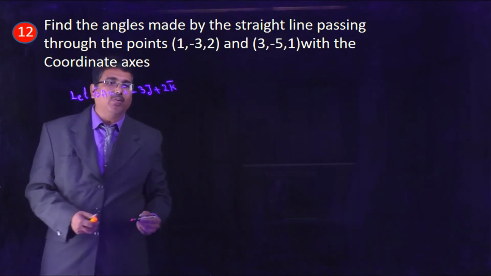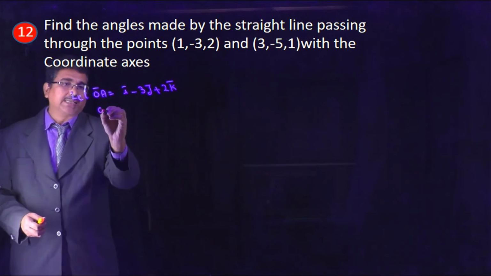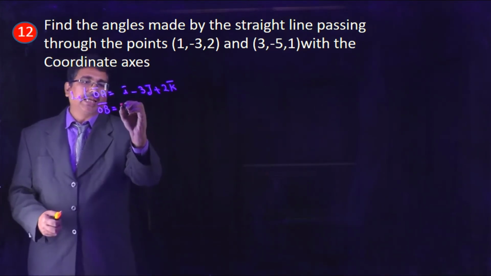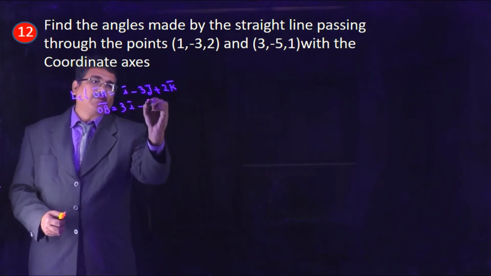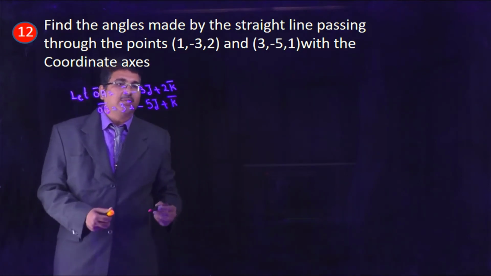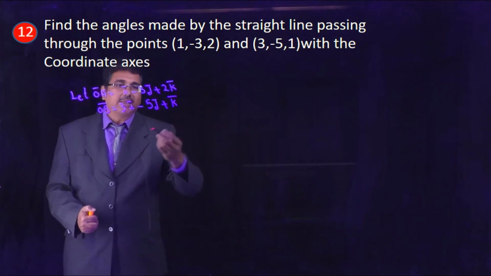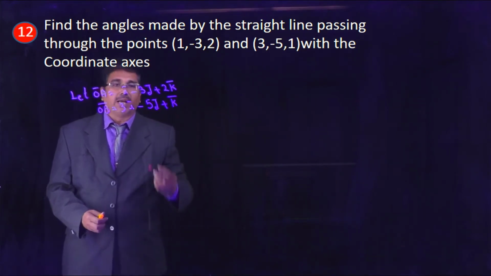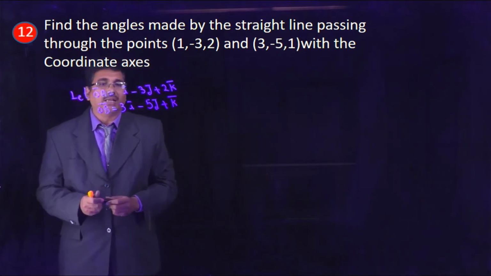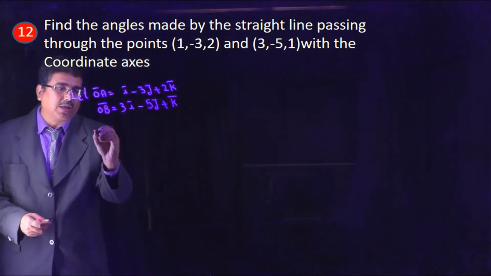Next, OB bar is equal to 3i bar minus 5j bar plus k bar. From these 2 points we have to find the vector AB bar.